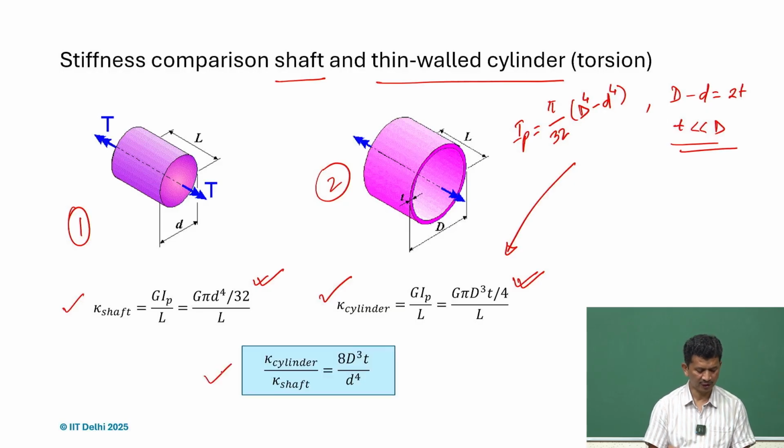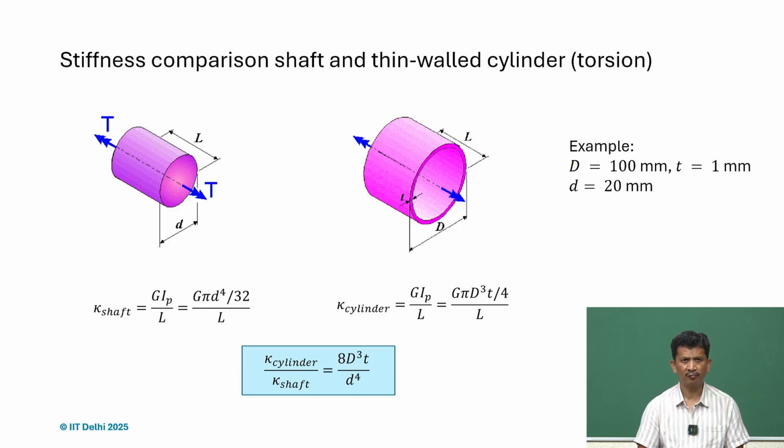So, if we compare and write, if it's the same material, everything will get cancelled except the geometric parameters. So, capital D and T and the small d, the small diameter. So, we will try to see the implication.